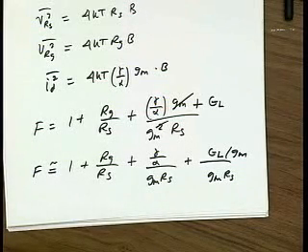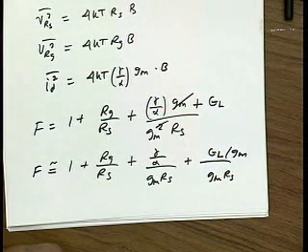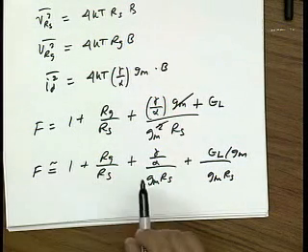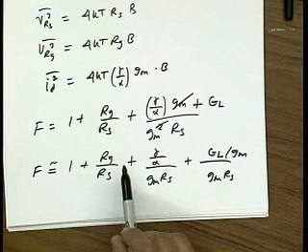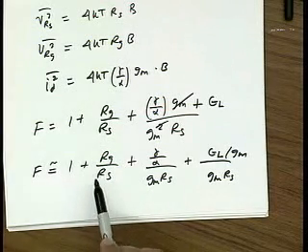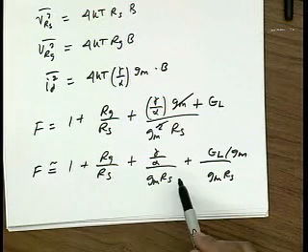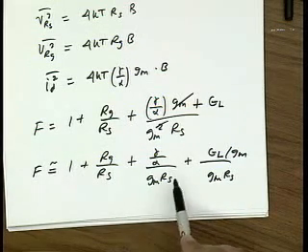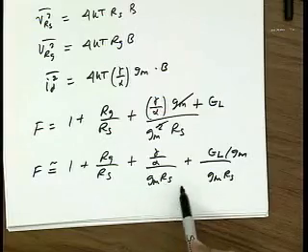Okay? So what's interesting about this calculation is that you can see that the noise is a ratio of the gate resistance divided by the source resistance, right? And a term that can be made very small by just simply making GM large.